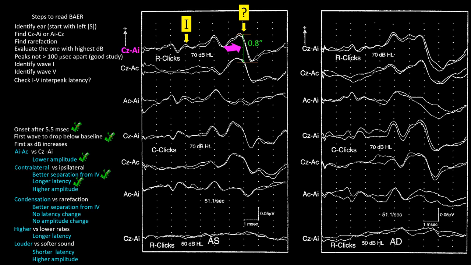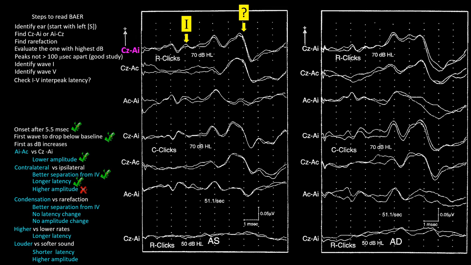In this case, the ipsilateral putative wave 5 amplitude is 0.8, while the contralateral is 0.6. So this item does not support that the putative wave 5 we've been looking at is the real one.